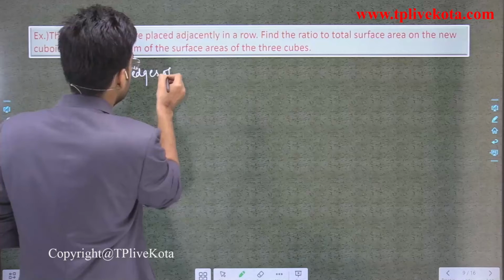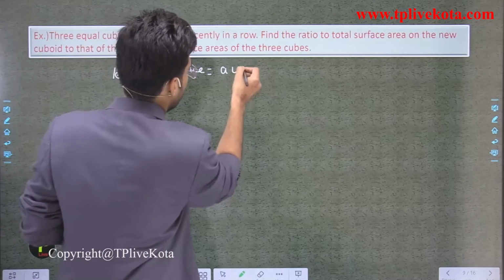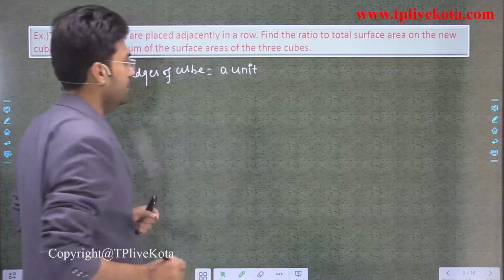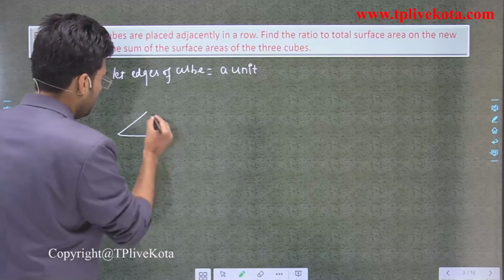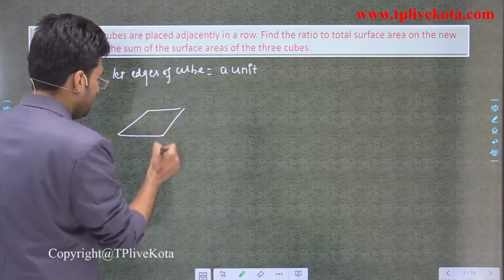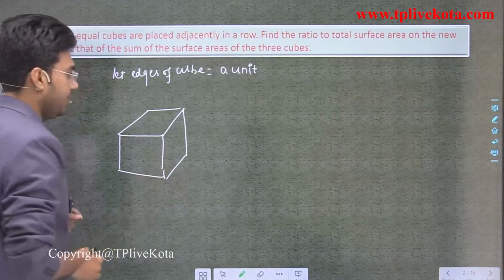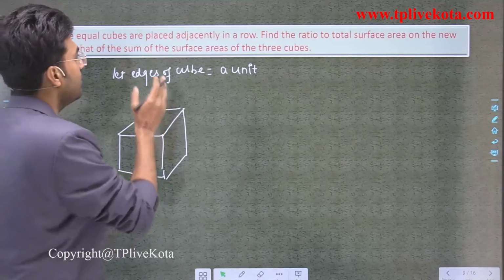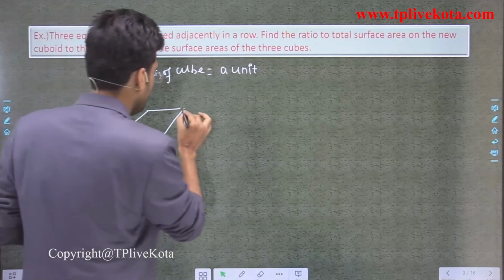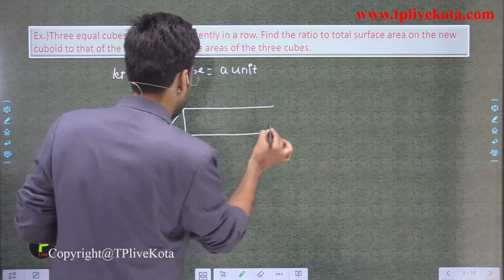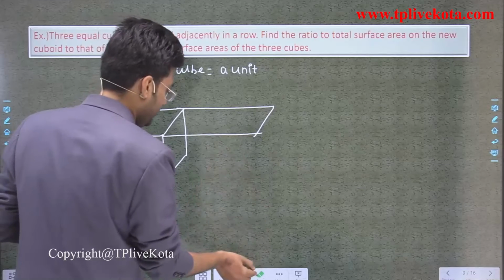Okay, let edge of cube be equal to a unit. Edge of cube is a unit. Clear? Now this is our cube, and according to the question, three equal cubes are placed adjacently in a row. So here we put three cubes adjacently.